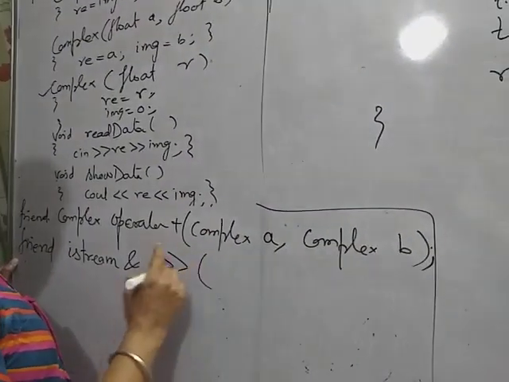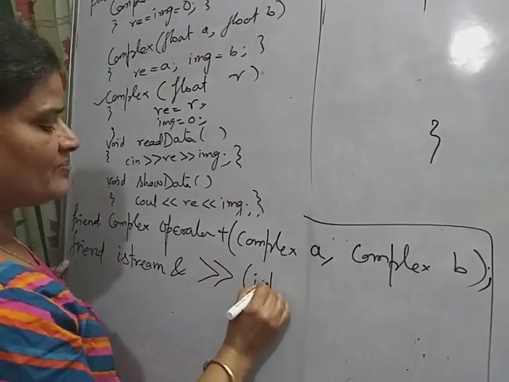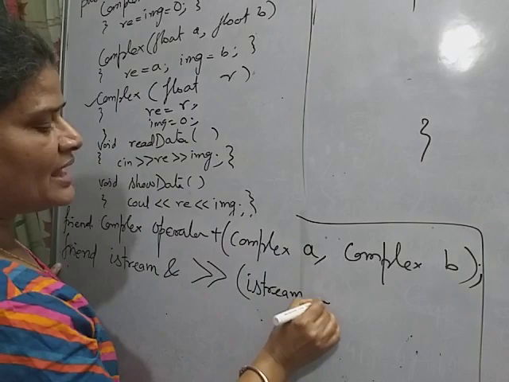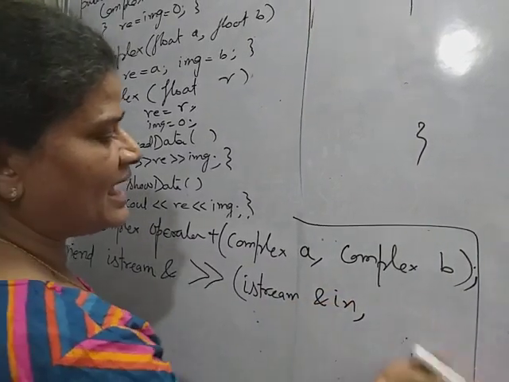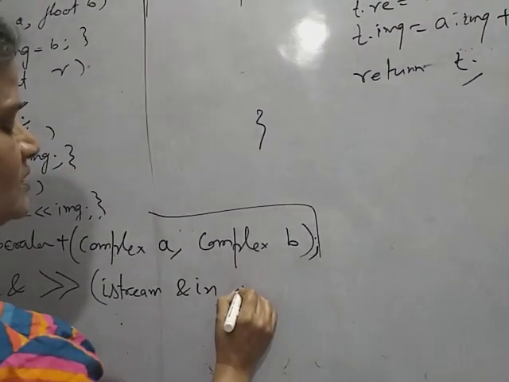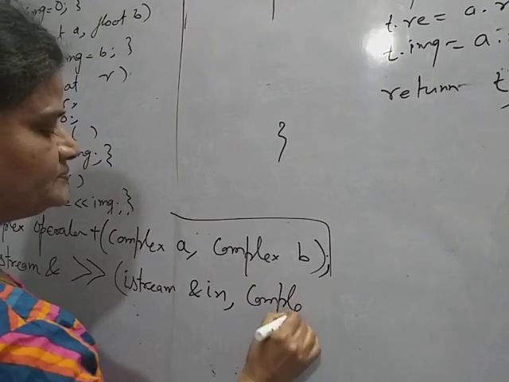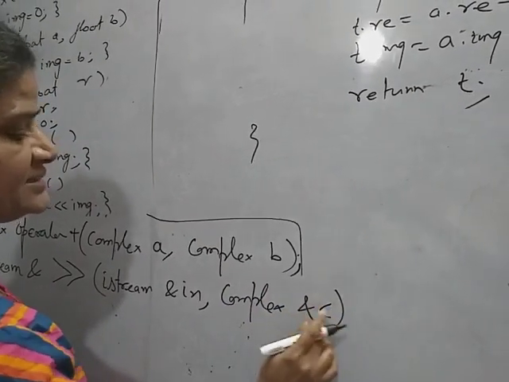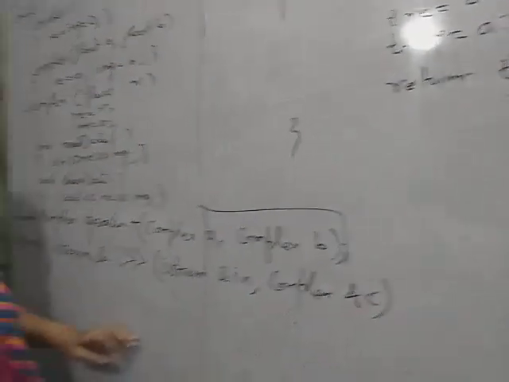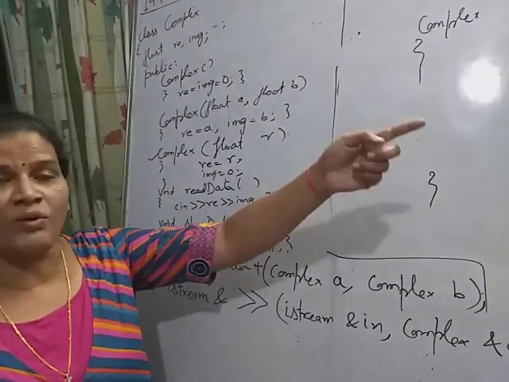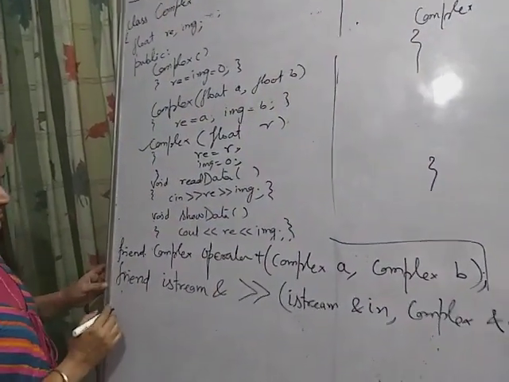One is the object of class istream, say in, and the other is complex, and I am passing it by call by reference because the changes in C are required in the main function.